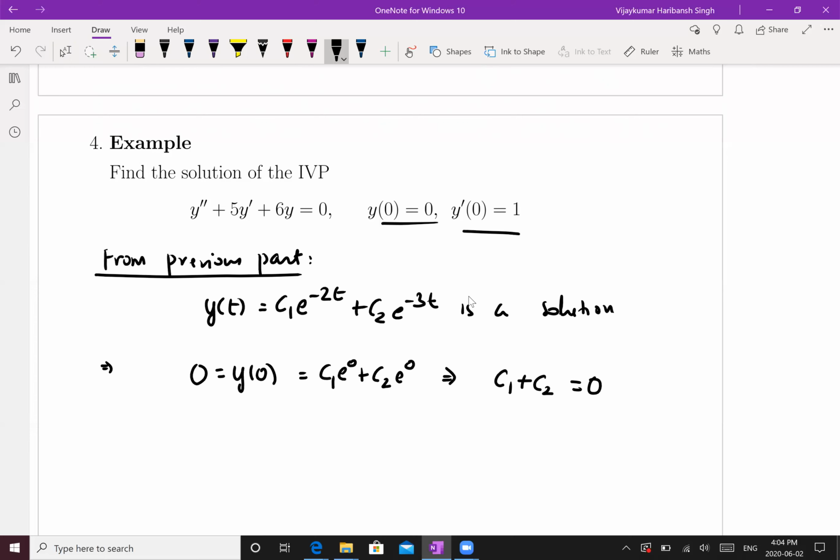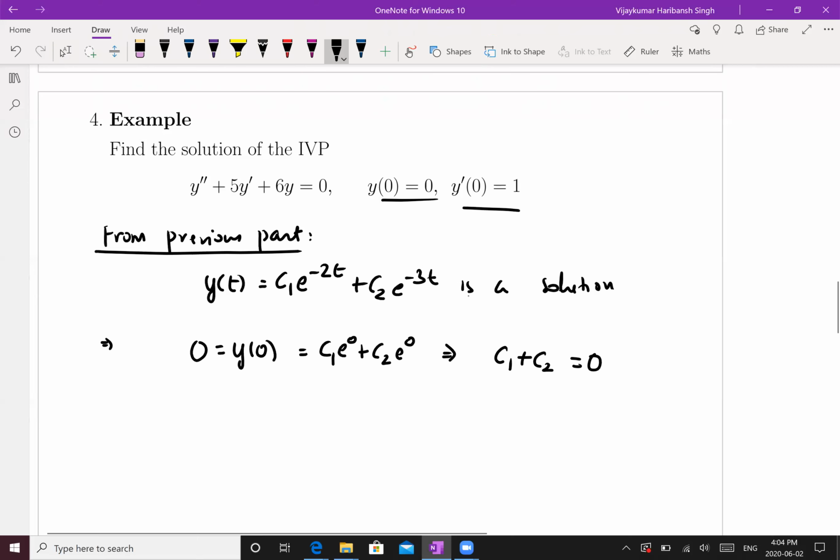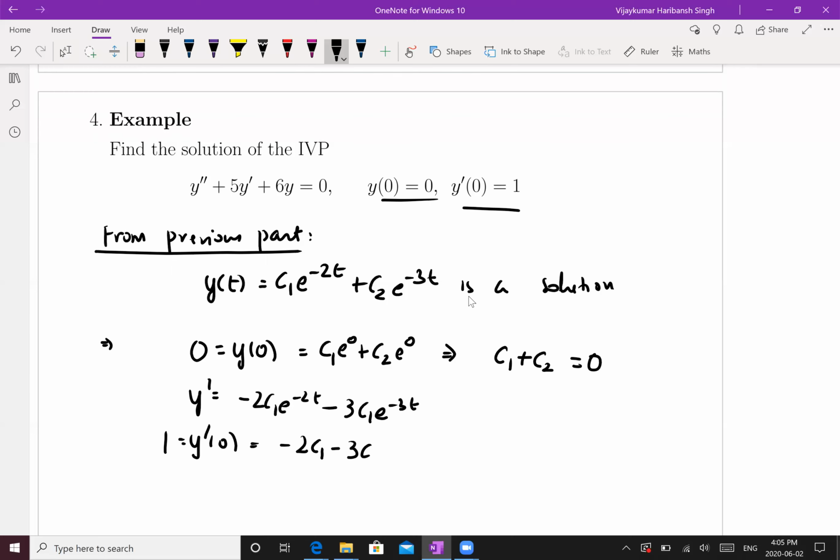Similarly, what is my y prime? y prime is going to be minus 2 c1 e to the power minus 2t minus 3 c2 e to the power minus 3t. Therefore, y prime of 0, on one hand it is 1, on the other hand, when you put 0, you'll get minus 2c1 minus 3c2.